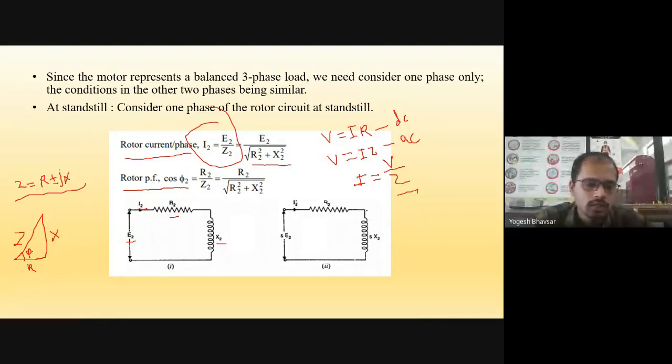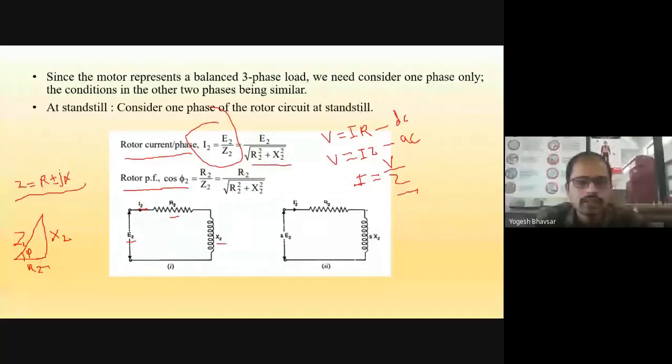So cos phi is equal to the adjacent side by the hypotenuse. So cos phi 2 is equal to R2 by Z2, where R2 is the adjacent side and Z2 is the hypotenuse, and Z2 is nothing but the square root of R2 squared plus X2 squared. So this is at stationary position.